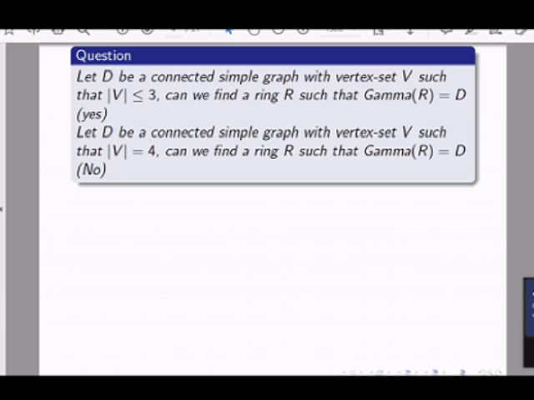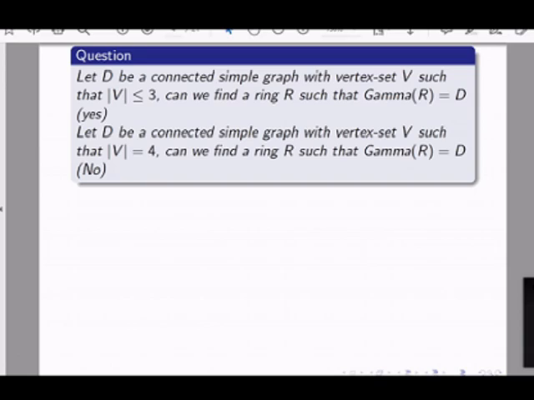In fact, if I give you a minute, you can draw all of them. So the question is, can we find a ring R such that the zero divisor graph Gamma of R is equal to D?